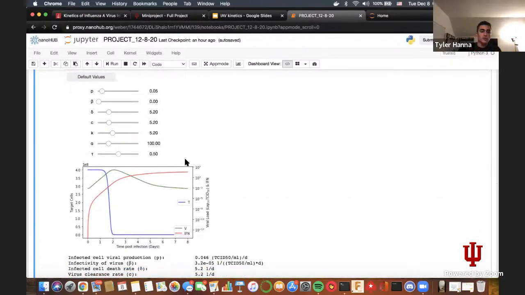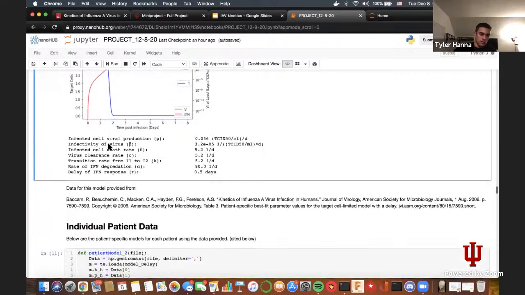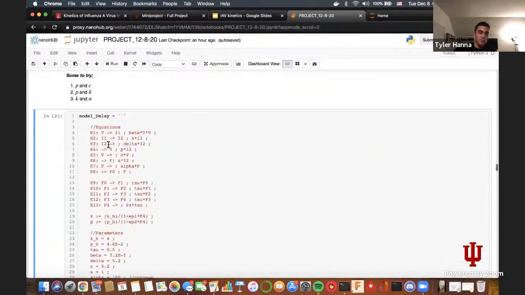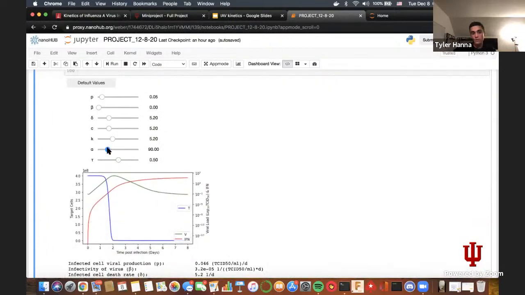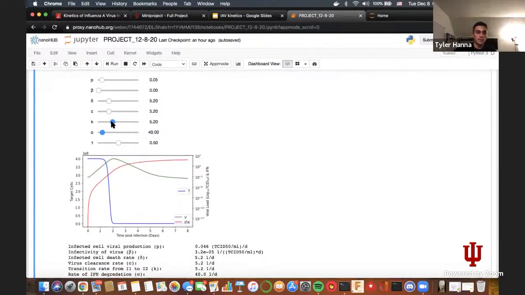And alpha here is our rate constant for the degradation of our interferon. Over here I have sets of parameters that are closely related. If I were to decrease alpha, so lower the rate at which interferon is removed from the system, and increase the rate at which cells become productively infected, then we'll see a spike in interferon production and a spike in viral load.